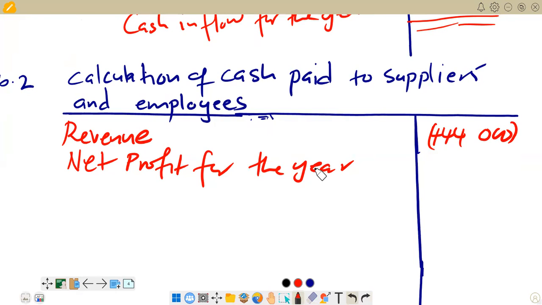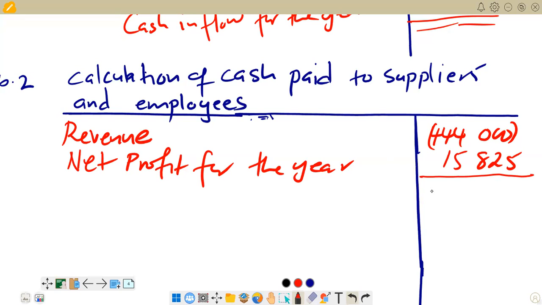So if you add that figure, 15,825, we are going to put it here. 15,825 is the figure that we have there. So we are going to add it to the negative figure that we have there.